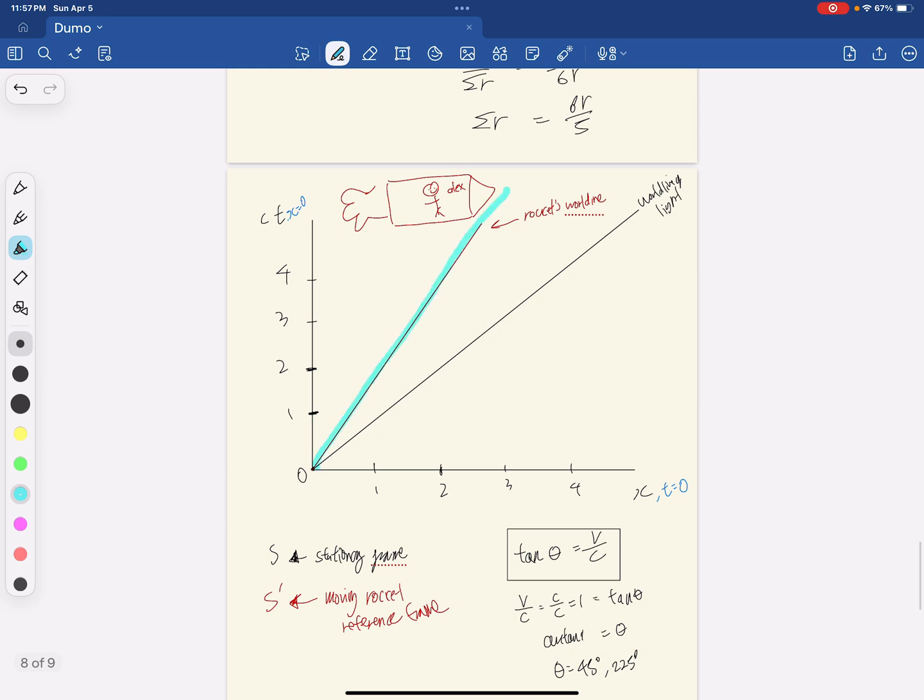Within this world line right here, from our perspective as stationary observers on Earth, we see that as time passes, Alex's rocket moves. Specifically, it moves farther and farther away from us at a constant velocity. But what about from Alex's point of view? As time passes, does he notice any difference in his x-coordinates?